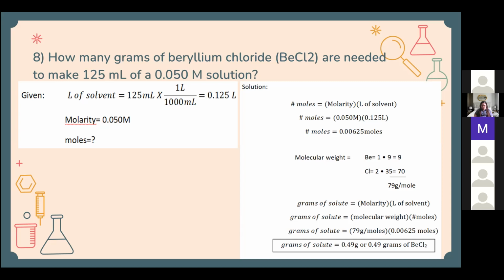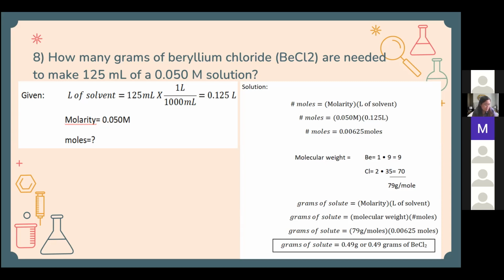So first, we solve the value of moles, which is moles equals molarity times liters of solution. That is equal to 0.050 M times 0.125 liters. So the number of moles is equal to 0.00625 moles.